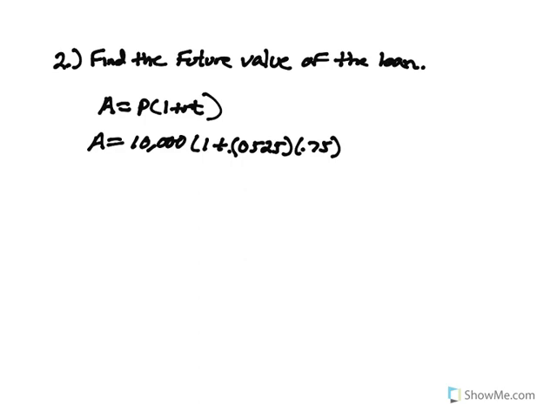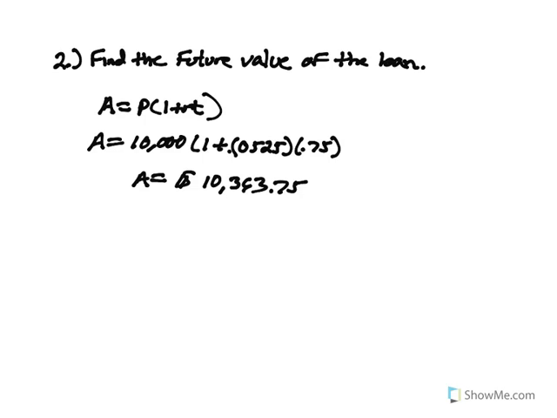When you do all the math, you'll get A equals $10,393.75. So you can see how rapidly the interest grows on a loan. In 9 months, you get almost another $400 tacked on to that principal.